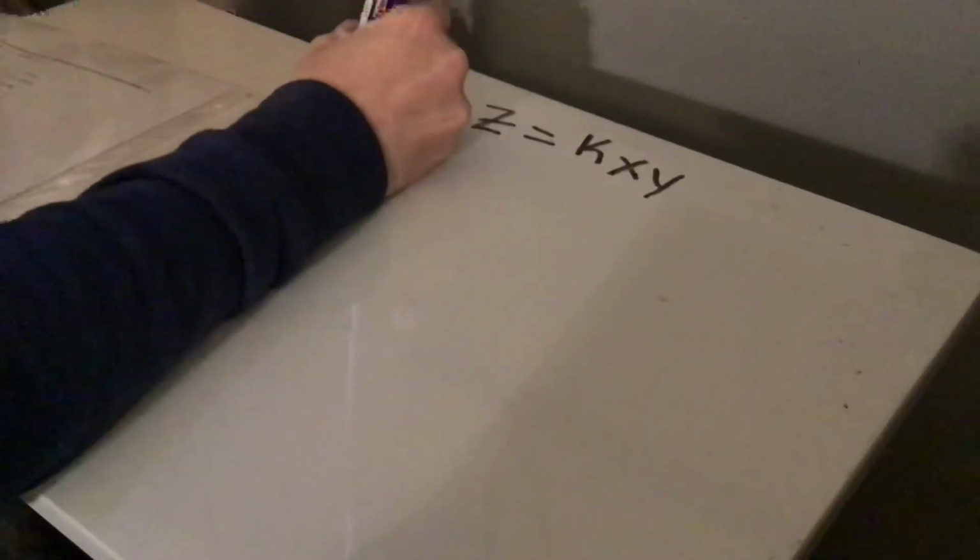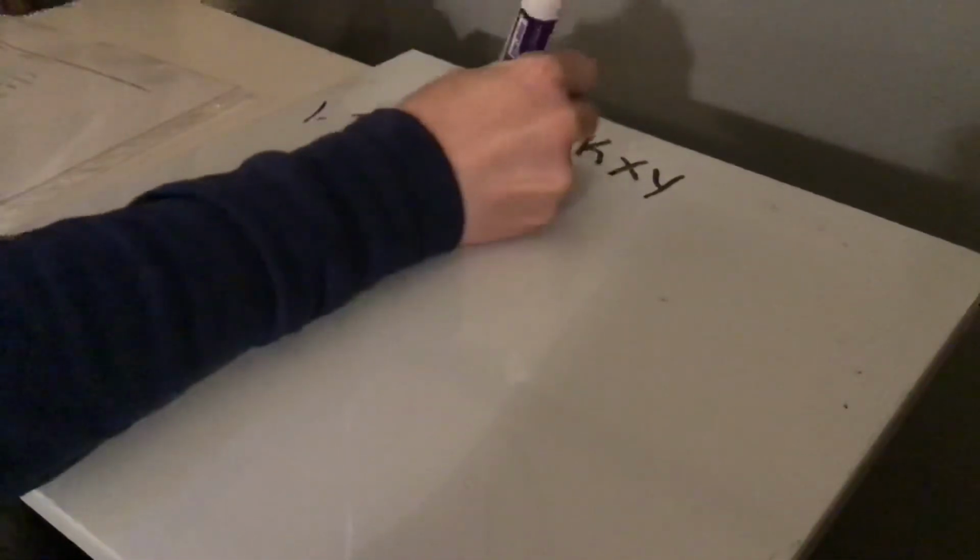So then we're going to use given values to write an equation that relates x and y and z. Just finding k does not mean you have written the equation. That's the first step. So 1, find k.